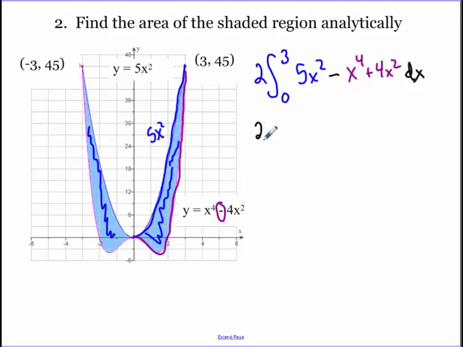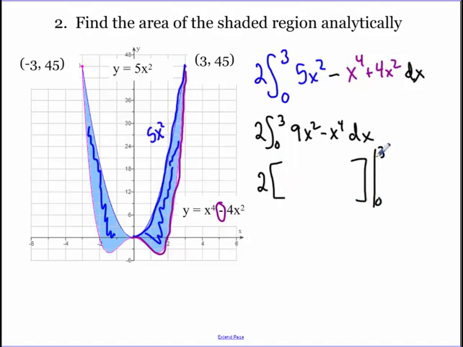Now what I recommend before you do anything is combine like terms. I take 2 times our integral, evaluating from 0 to 3 of 3x to the 3rd minus 1/5 x to the 5th.